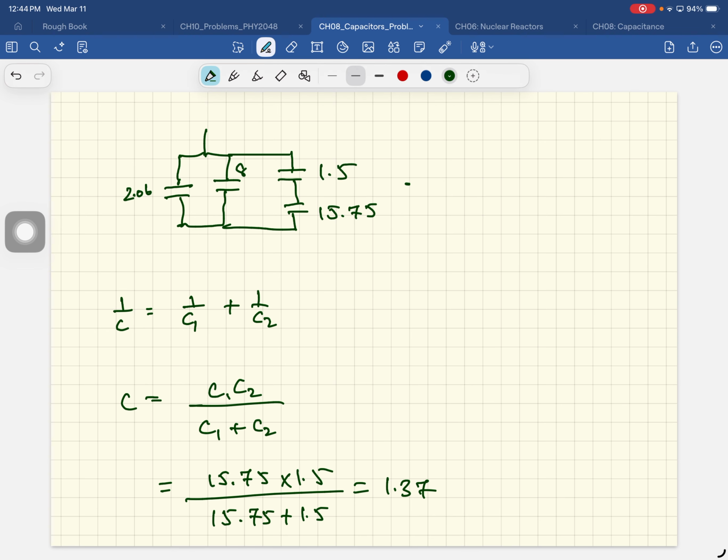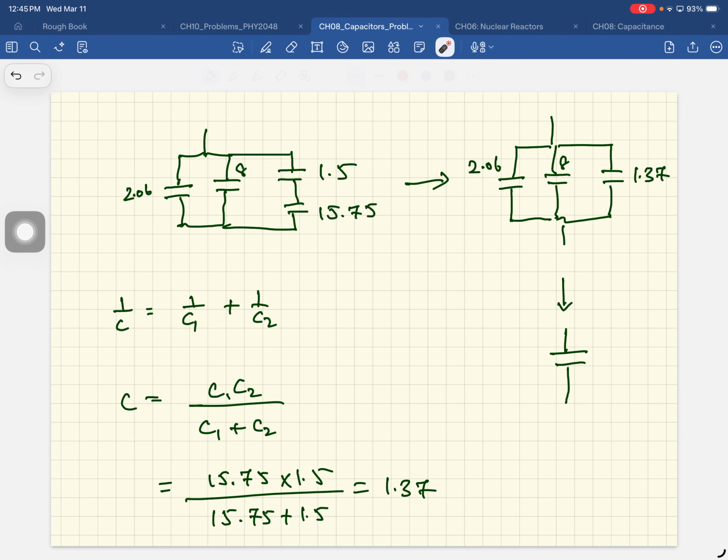All right, so this reduces to... and now this is a parallel combination, so you just add them: 10.06 plus 1.37 is 11.43.